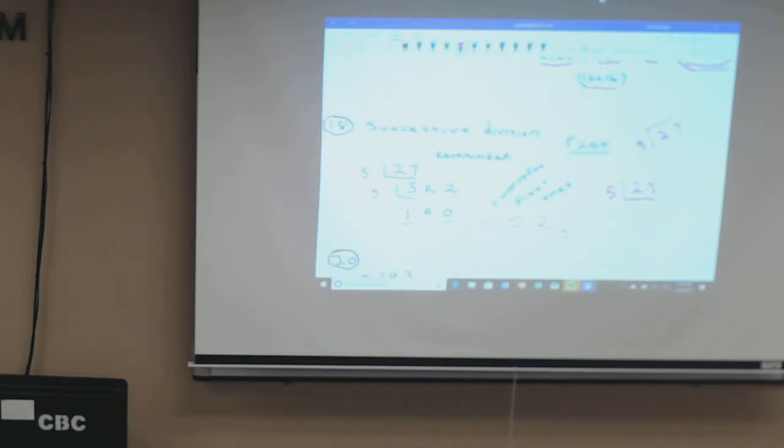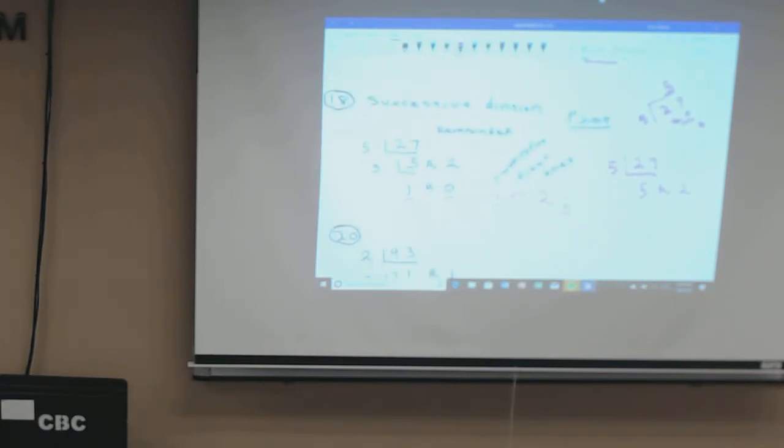You'd go 5 times 5 is 25, and have a remainder of 2. So it's 5 with a remainder of 2. Everybody follow that? Then I come down here again and divide by 5. They just put the division sign upside down, and I get 1 with a remainder of 0.